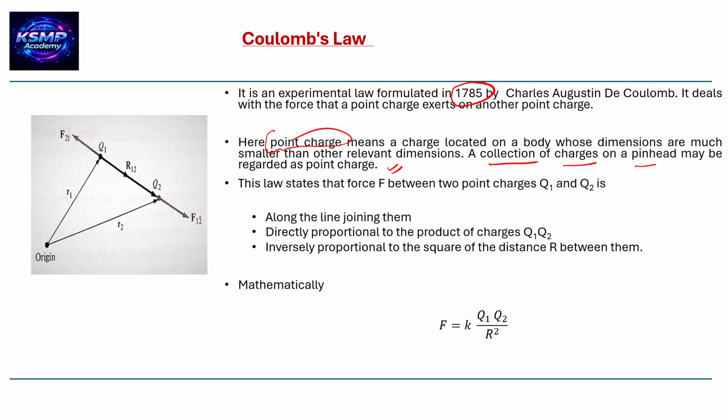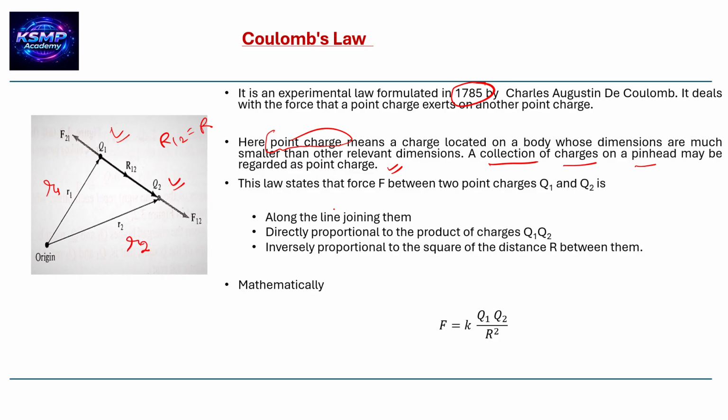Let us assume that there are two charges. One is Q1 and another is Q2 and they are placed by a distance r12 here. The magnitude of the distance we are considering to be r. And with respect to origin, the position vectors of the charges are given as r1 and r2.